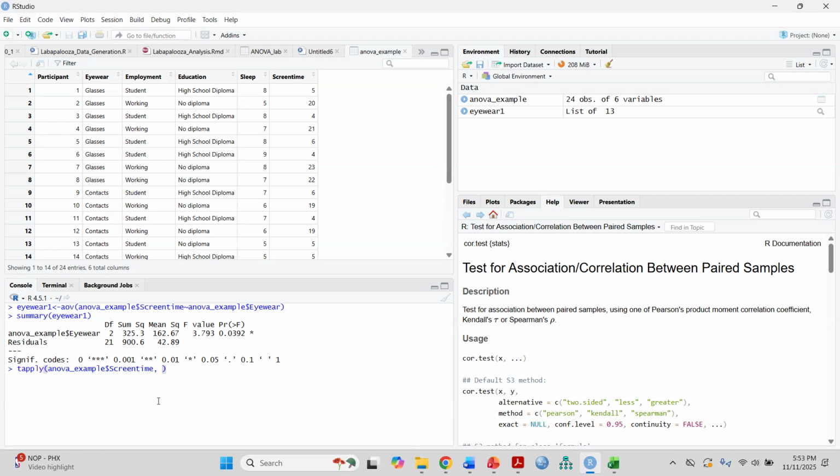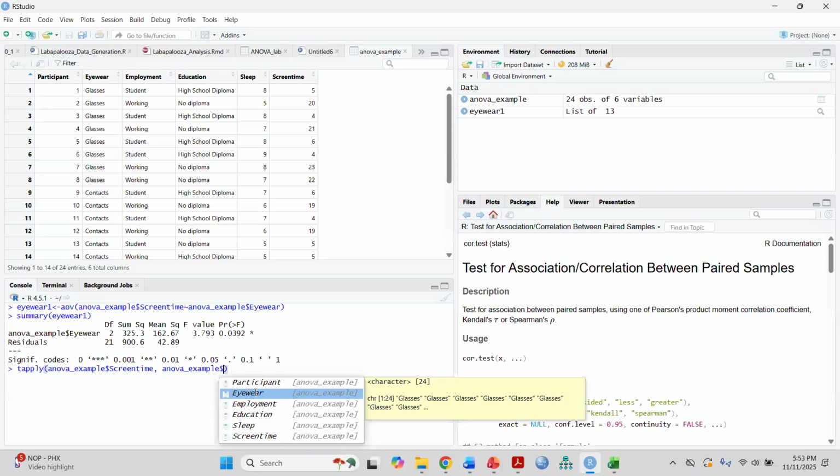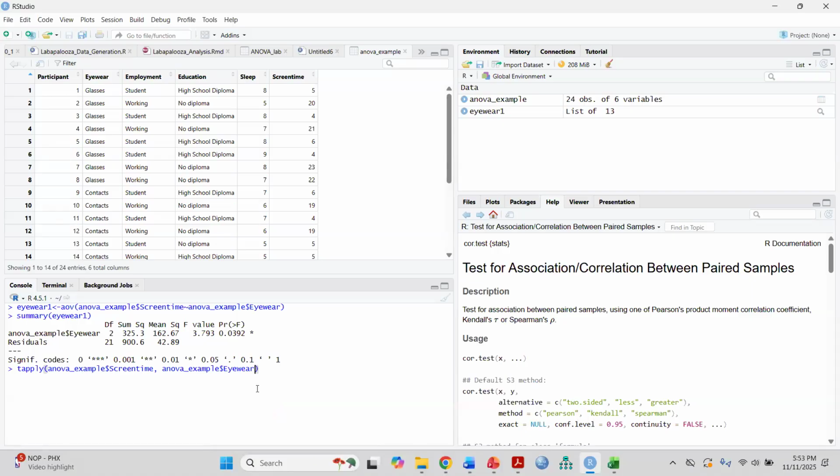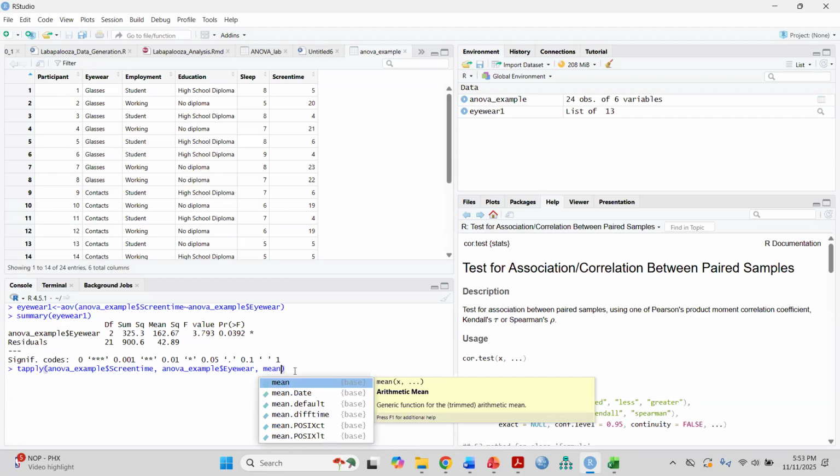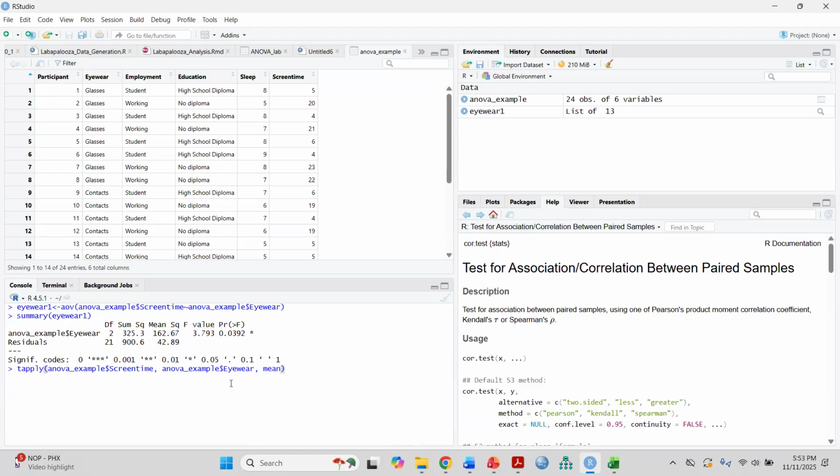That's saying, okay, look at my dependent variable. Now I'm going to input the independent variable, which is ANOVA example dollar sign eyewear. And now I'm going to say, hey, give me the means of each of the different eyewear categories in terms of their average screen time.